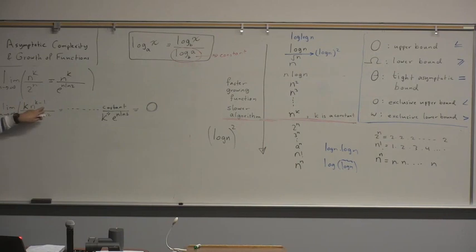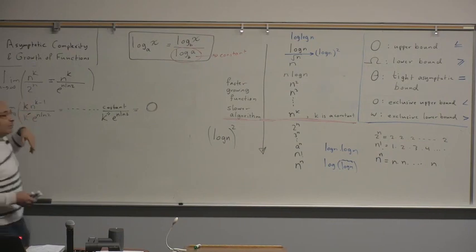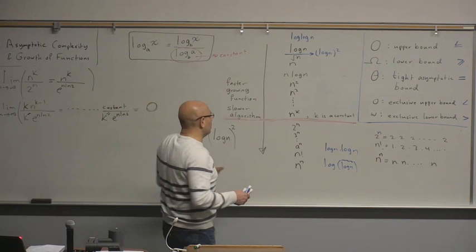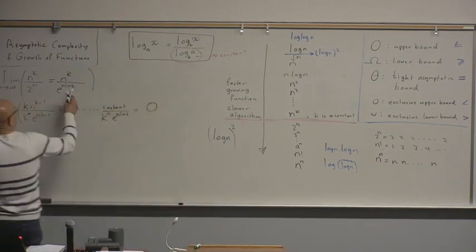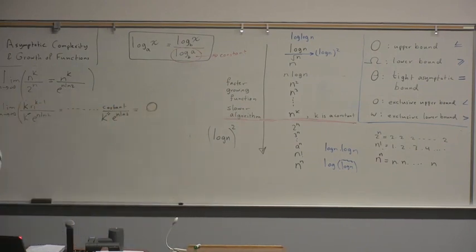It means that any polynomial is smaller than the 2 power n exponential. In fact, this applies to any exponential, even if you change the base from 2 to 3 or 4 or anything, because this will only affect the constant. Instead of ln 2, it's going to be ln 3 or ln 4 or ln 5.